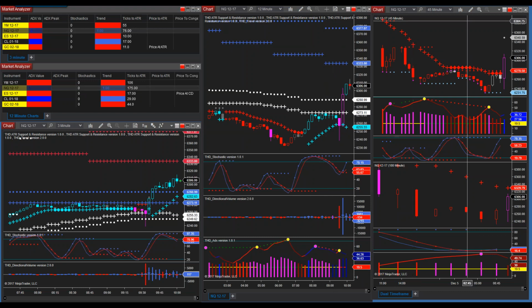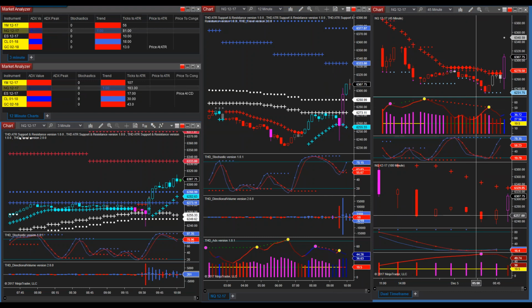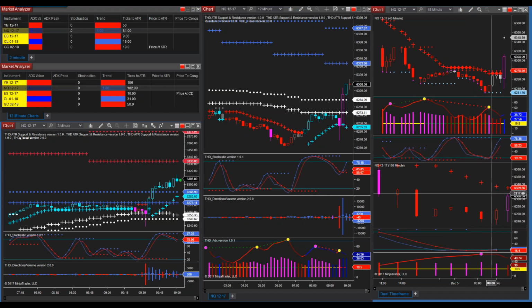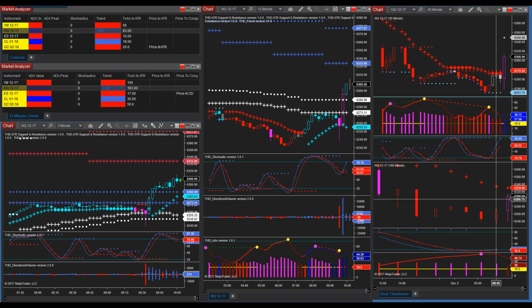Over on the right-hand side, I have a 45-minute chart that has just the trend on it, the ADX and the stochastics, and then at the bottom is a 180-minute chart. The 180-minute chart has the trend, the stochastics, and the ADX.